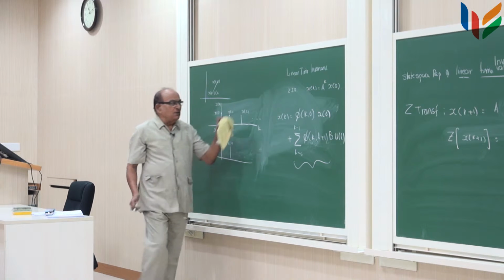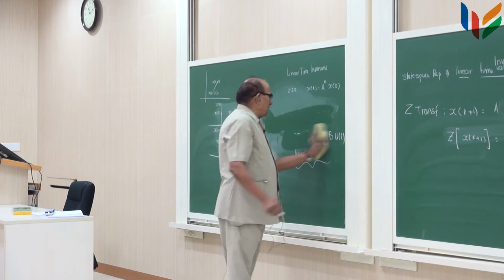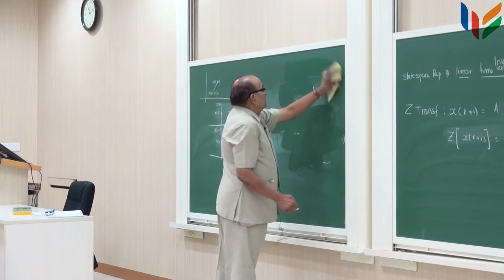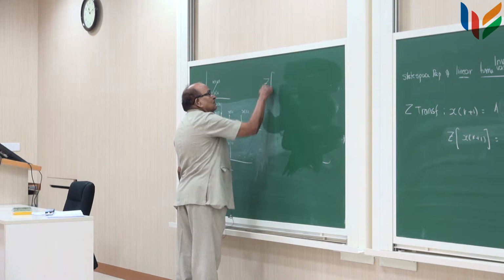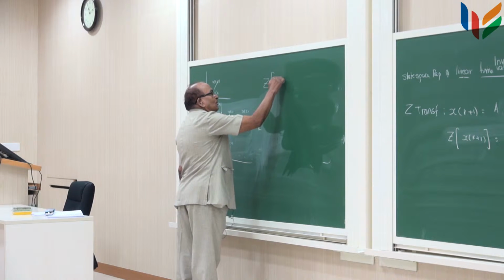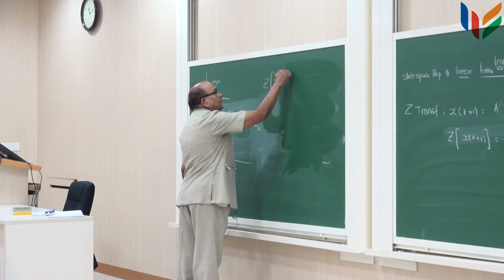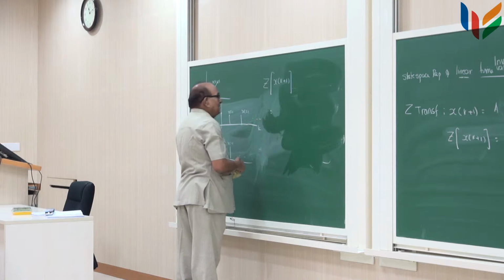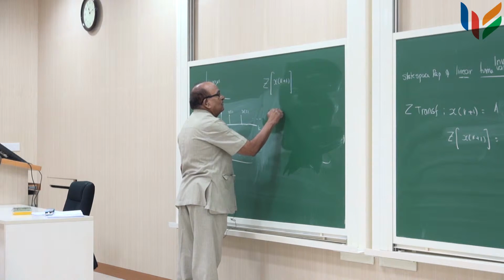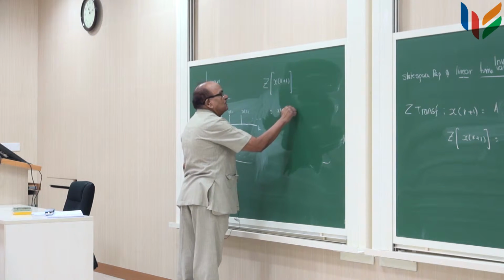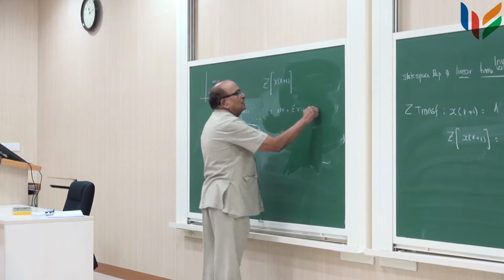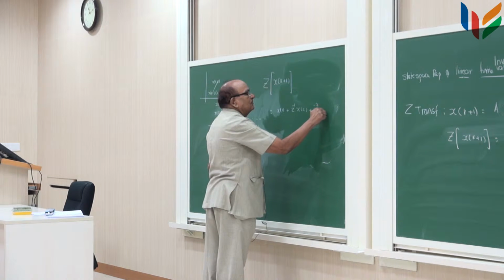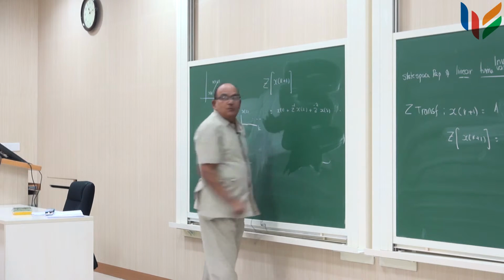So, what is my Z transform? The Z transform of x(k+1) by definition is equal to x1 plus z inverse x2 plus z minus 2 x3, and so on and so forth.